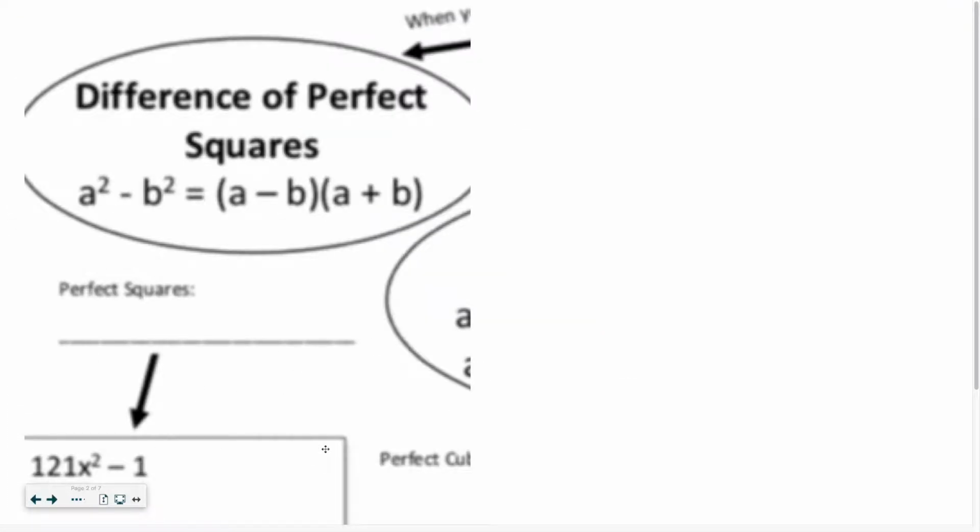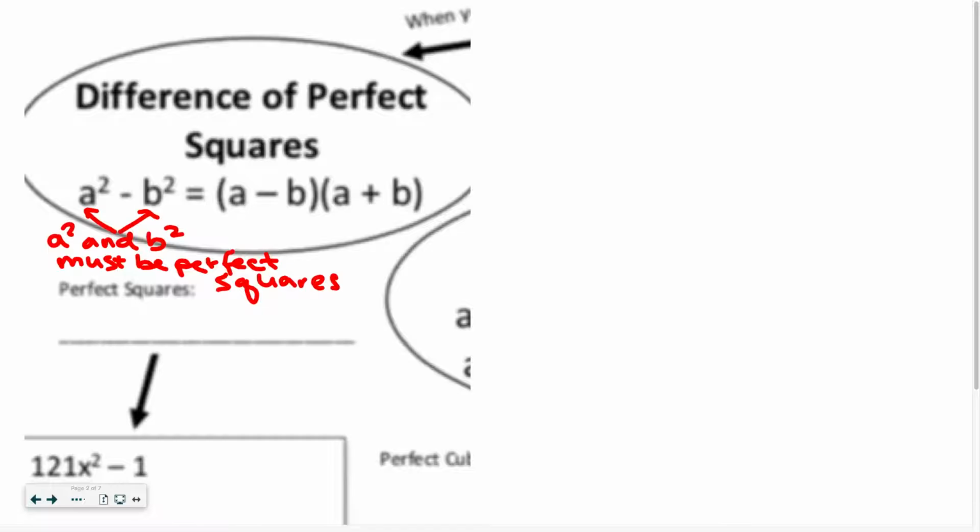In the difference of perfect squares, these 2 pieces right here, a squared and b squared, must be perfect squares. You can't use the difference of perfect squares if any part of your 2 terms is not a perfect square.